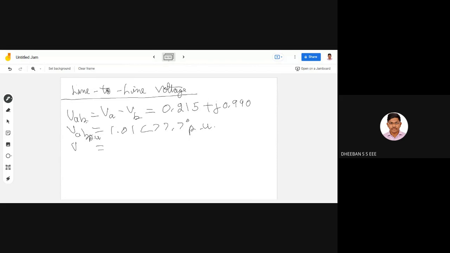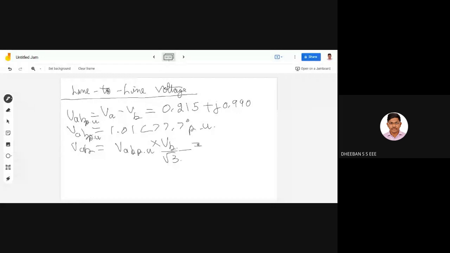For the actual value, VAB equals VAB per unit into your V base value divided by, sorry, into root 3.